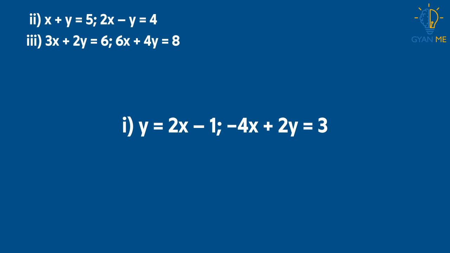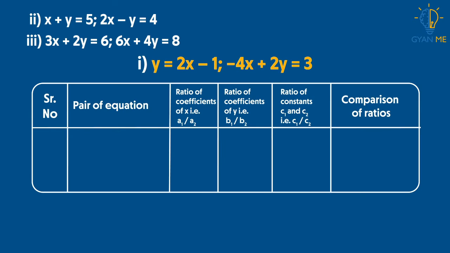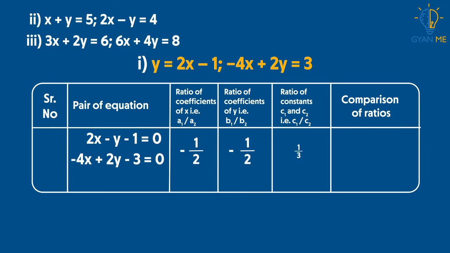Let us take the first pair of equations. y is equal to 2x minus 1 and minus 4x plus 2y is equal to 3. Write these equations in standard form. We get 2x minus y minus 1 is equal to 0 and minus 4x plus 2y minus 3 is equal to 0. Now, take the ratios of a1 upon a2 and b1 upon b2 and c1 upon c2.